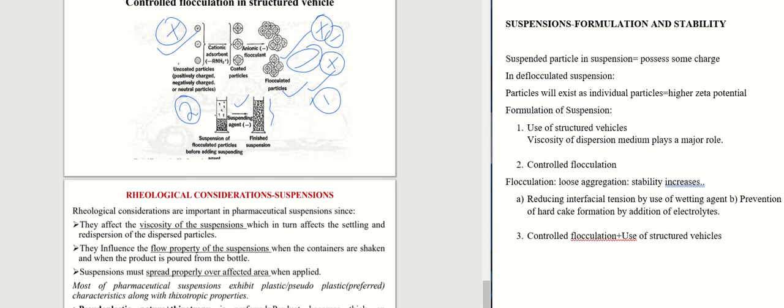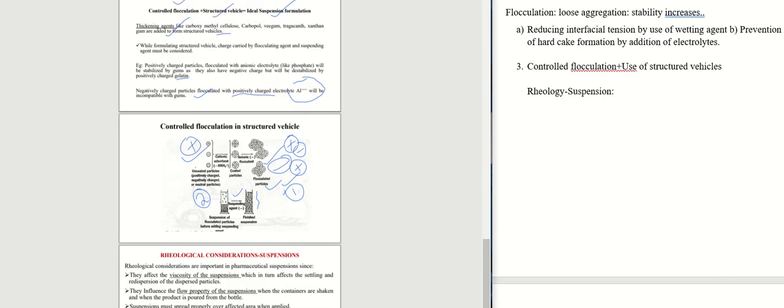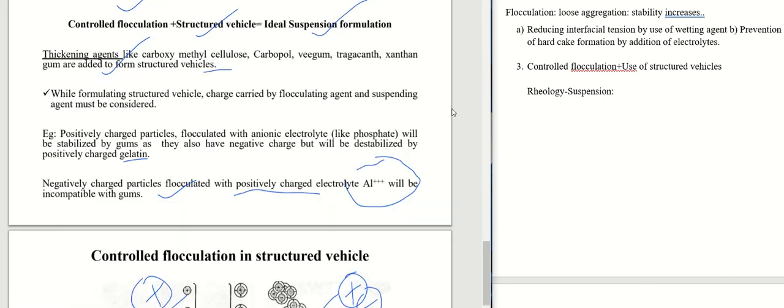Now, is it really important to study the rheological properties of a suspension? Yes, we being pharmacists, need to know how the viscous nature of a suspension plays a major role.